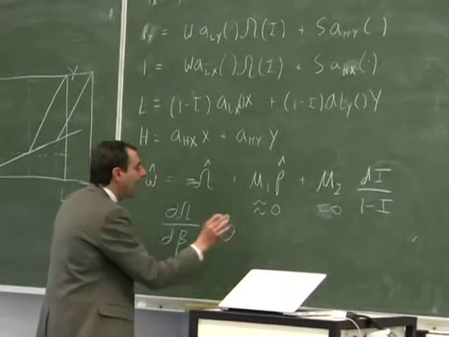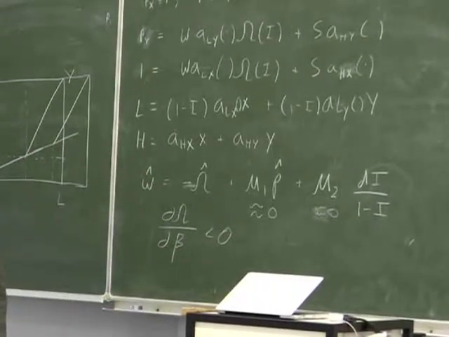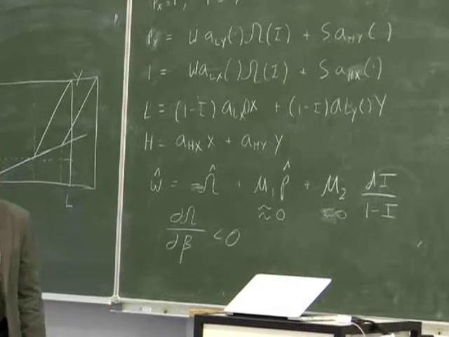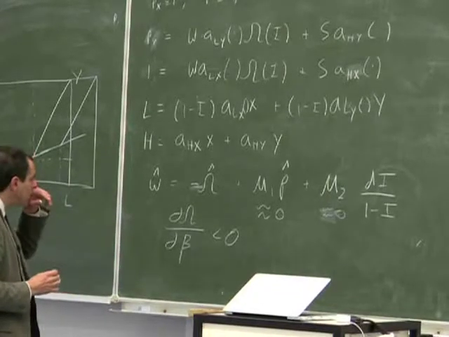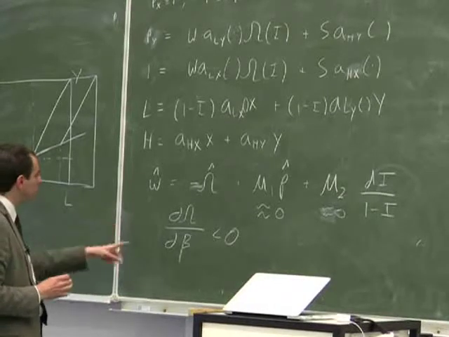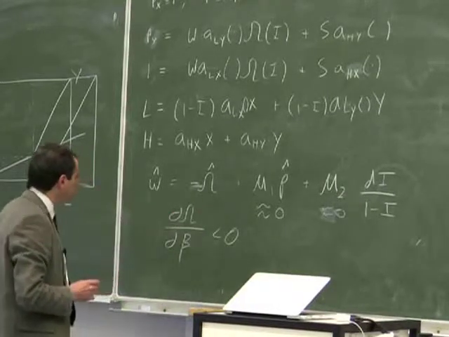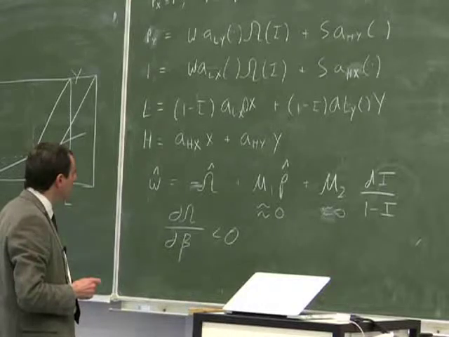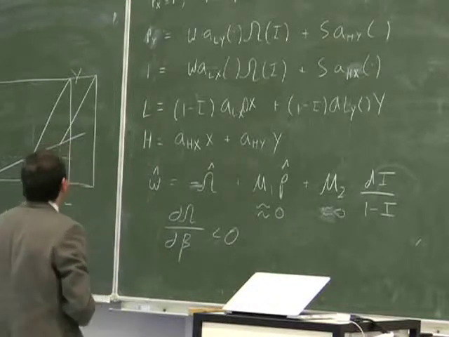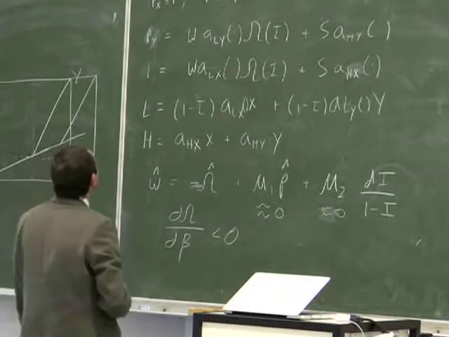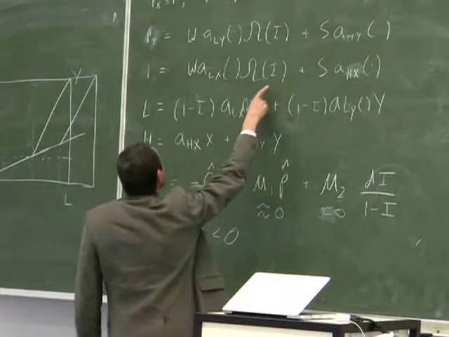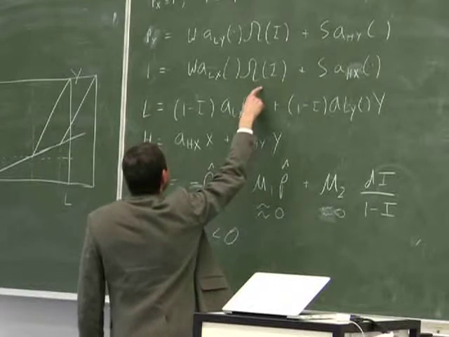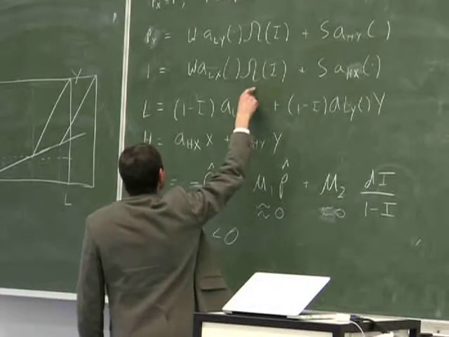So if we imagine a decline in beta, a fall in offshoring costs, then this is negative, so reverse that sign. No, d omega d beta. No, that can't be right. So beta is higher, this is smaller when beta is lower, because it's a reduction in cost.